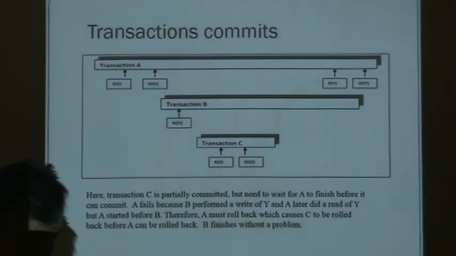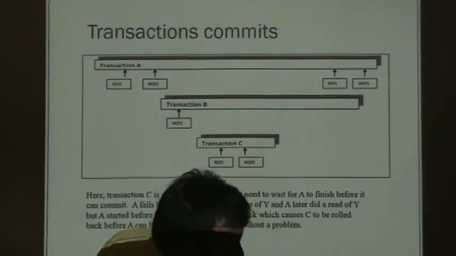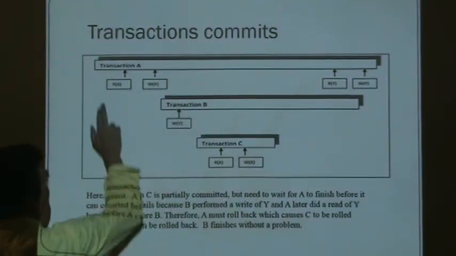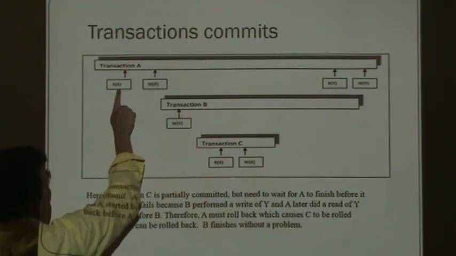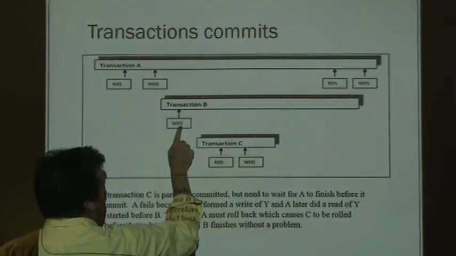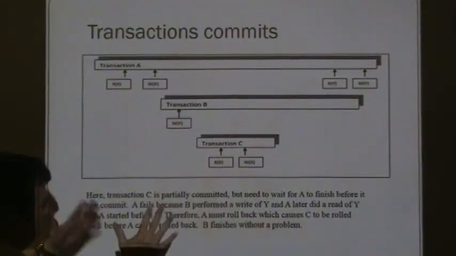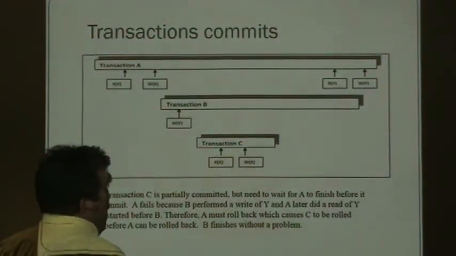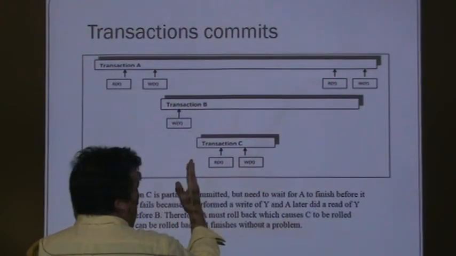So just a quick little recap of what's going on in this case. Transaction A started first, read the value of X, wrote the value of X. Then transaction B started. B wrote Y, so B is fine, it's independent of everything that's going on so far. Then transaction C started.